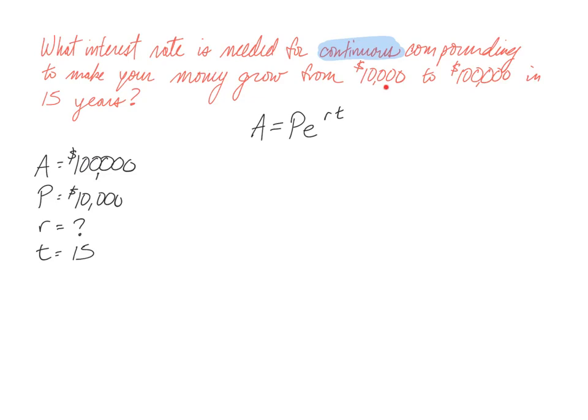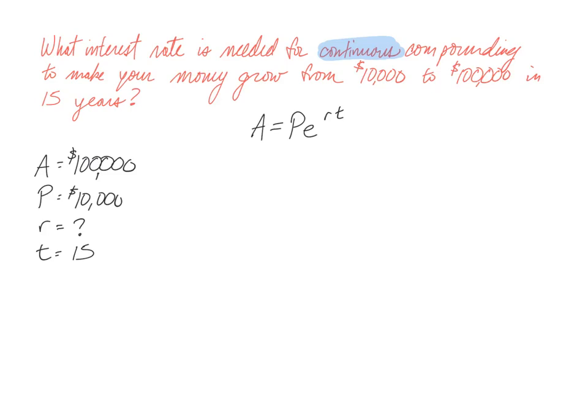So we are starting with $10,000, which feels a little more realistic, at least more realistic than the $173,000 we needed a couple examples ago. So $10,000, we're trying to grow it in the future, our ending amount, to $100,000. We have 15 years to do it. What interest rate do we need?